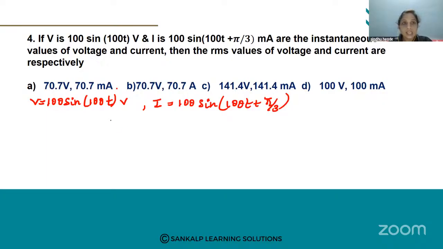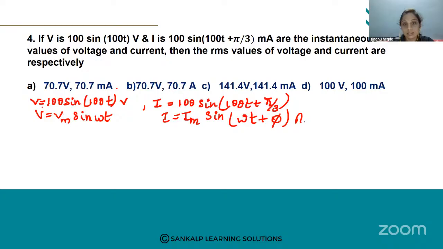We know that in instantaneous values of voltage and current, it is compared like this: V is equal to Vm sine omega t and I is equal to Im sine omega t plus phi.